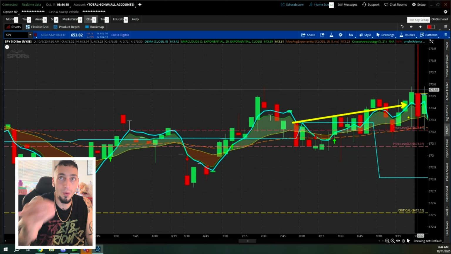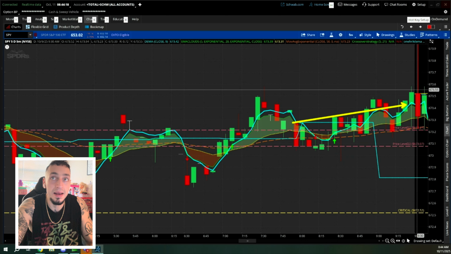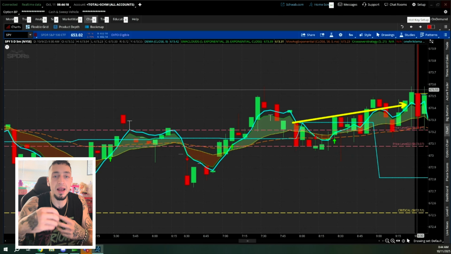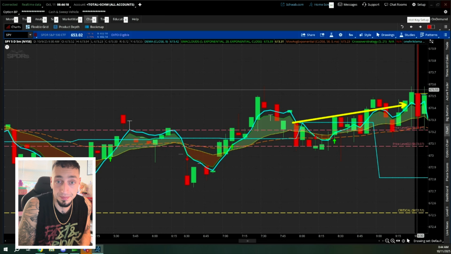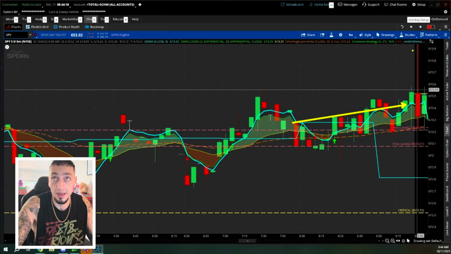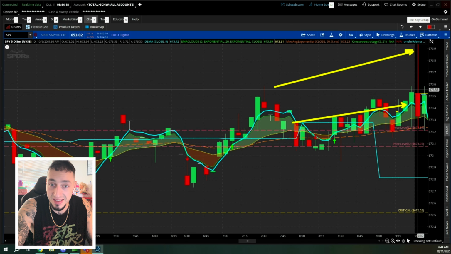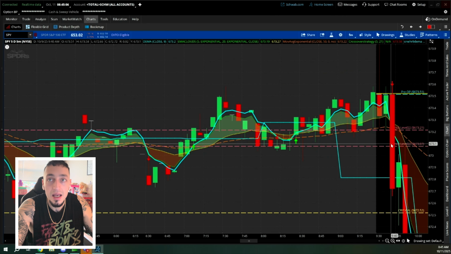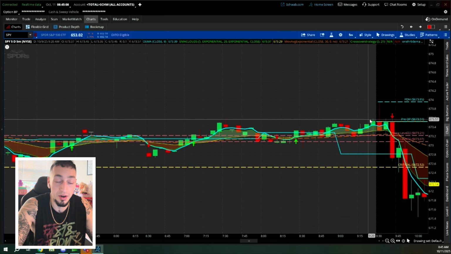So if I want to identify buyers controlling this level, I'm going to have to see healthy moving average relationship. I don't want to see extension, like we got up here when price just rallied to the upside. I want to see healthy price action to the downside or upside.